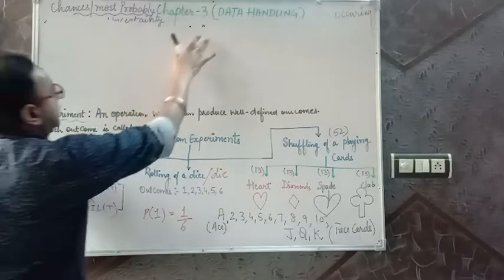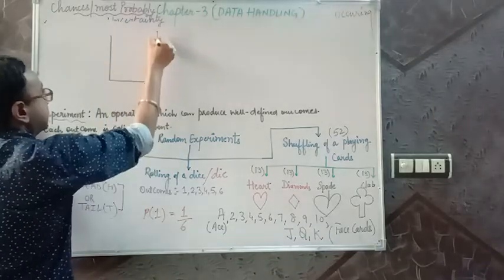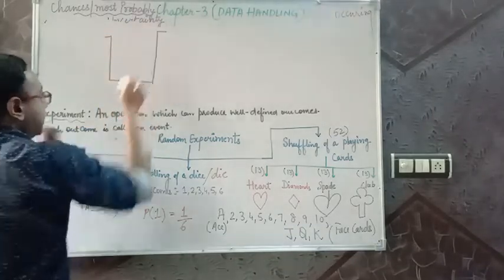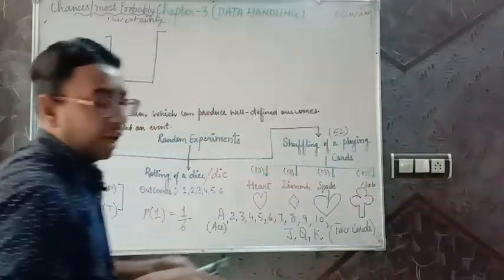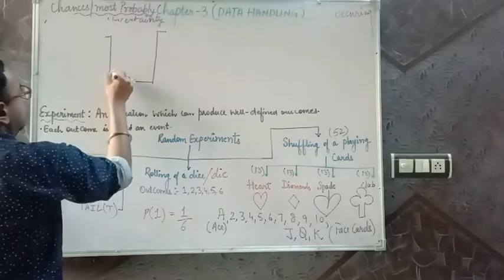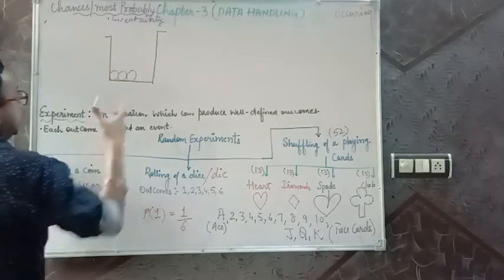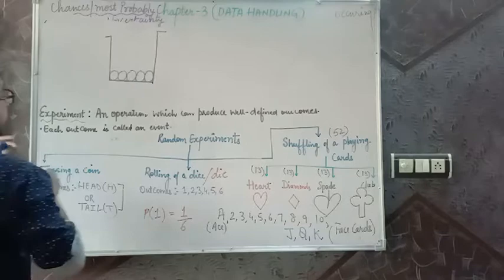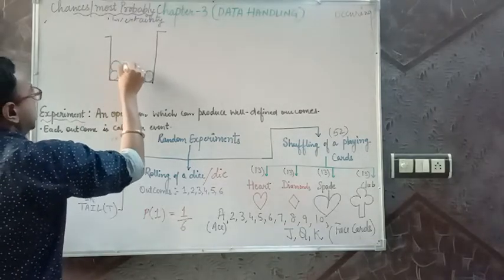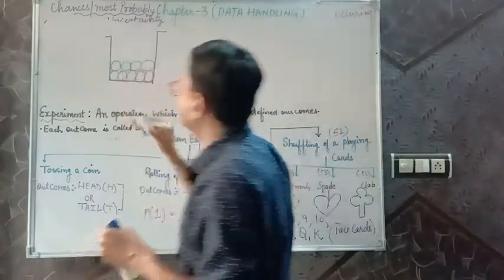Now let me take an example. In a jar I am having 3 purple marbles, 2 blue marbles, 3 green marbles, and 1 red marble.